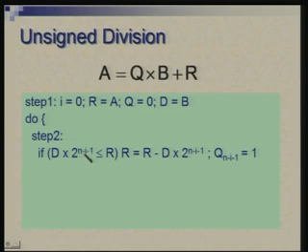So, with i equal to 0, the power of 2 is 2 raised to the power n minus 1. In our case n was 4, so we had shifted the divisor by 3 positions to the left.